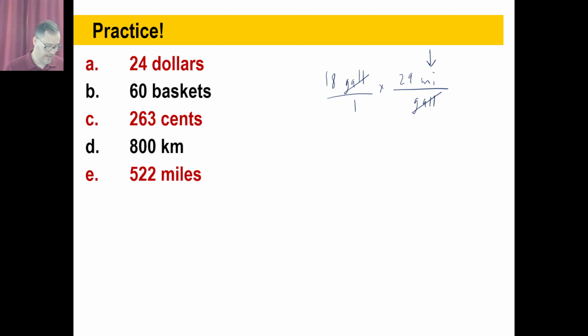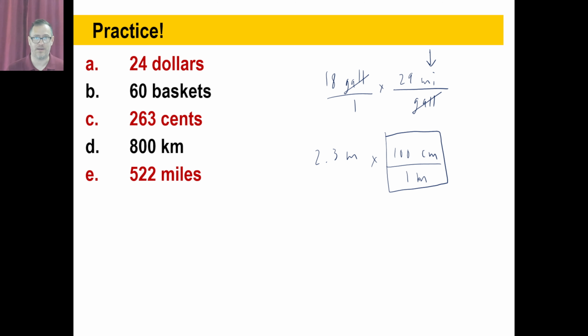Okay. F, 2.3 meters by 100 centimeters per meter. This is what you should get. 2.3, I just put an M for meter, times 100 centimeters is the same thing as 1 meter. Do you see, by the way, that in this one you're actually multiplying by 1? Because what is 100 centimeters divided by 1 meter?